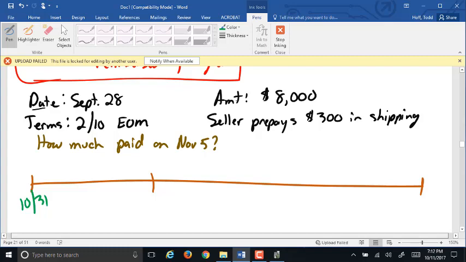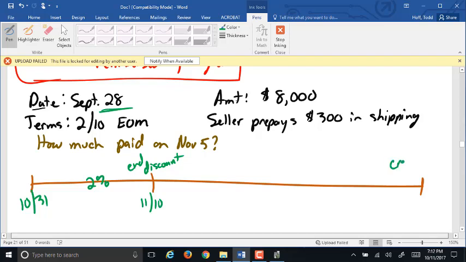Why is it October and not September? After the 25th. Sensing a little hostility from the crowd. When does the discount period end? Yes, November 10th, 11/10. There's a 2% during that time.